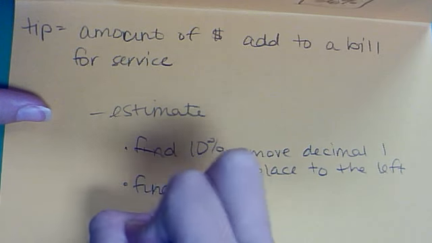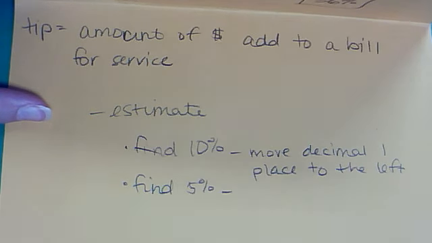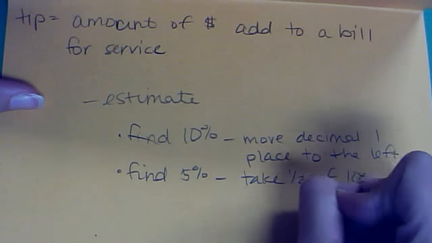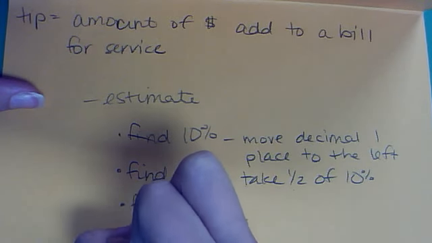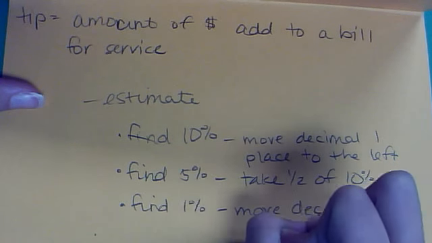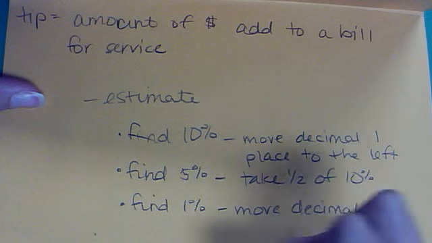To find 5%, you do the same thing you would for 10% and take half. So take half of 10%. To find 1%, you move the decimal 2 places to the left.